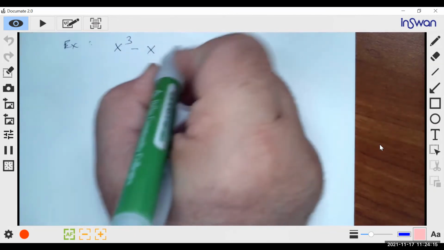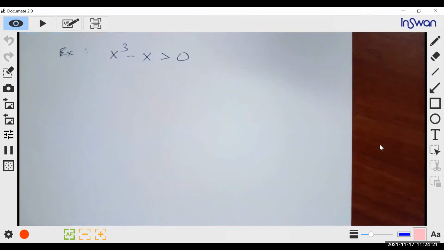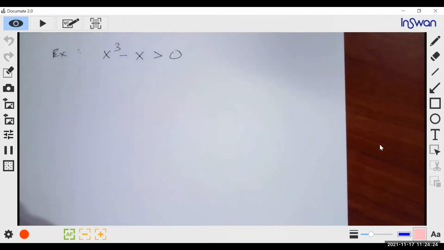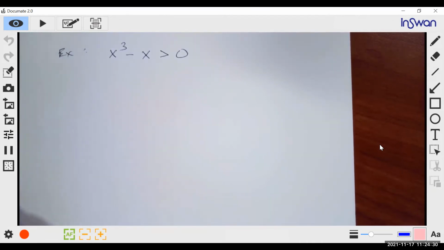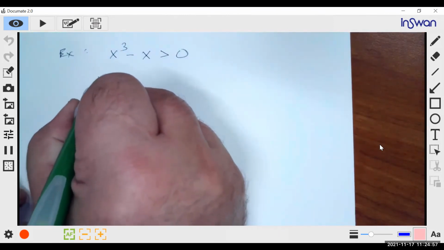x cubed minus x is greater than 0. So we got 0 on one side, so we just factor.